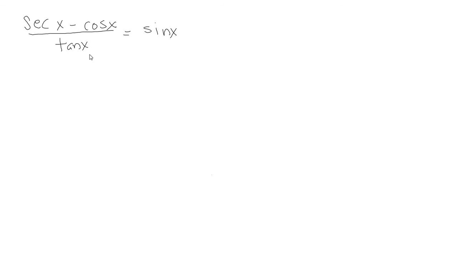So for instance, if I wanted to prove this, probably the first thing I would do is use the reciprocal identities, replace everything with sines and cosines. So secant is 1 over a cosine, and tangent is sine over cosine.